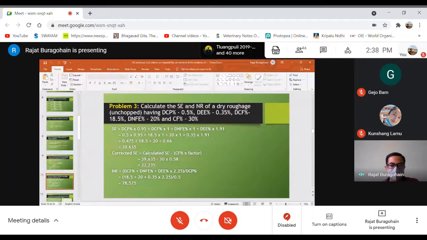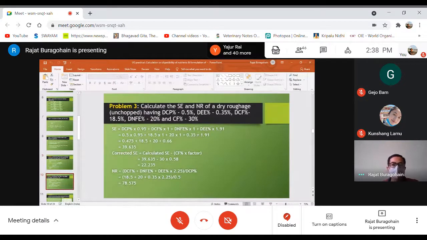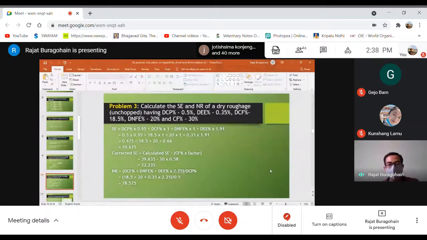Okay, a little bit different here. You have to subtract, and in the other case, you have to multiply and divide by 100. This you please remember. And then the nutritive ratio. Please do not forget to write the percentage into 2.25 divided by DCP. You will get the NR, nutritive ratio.